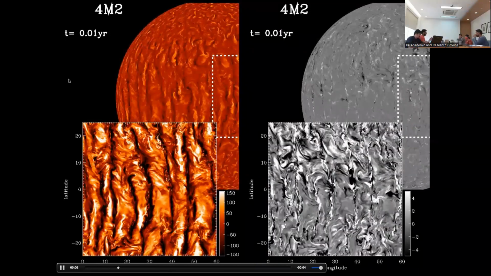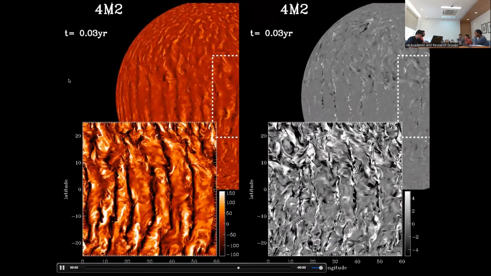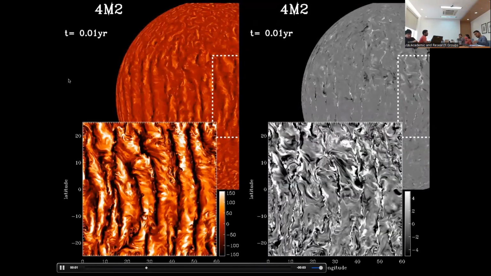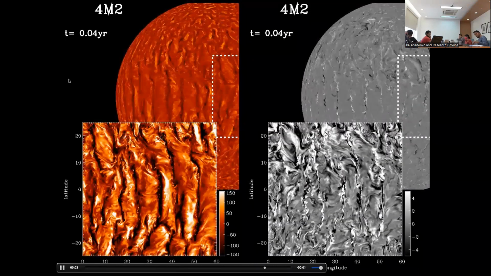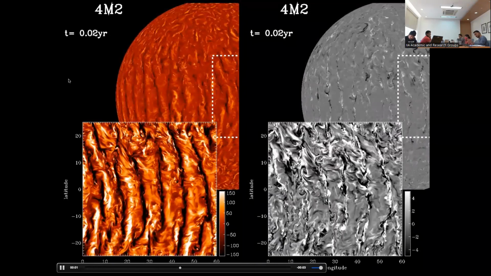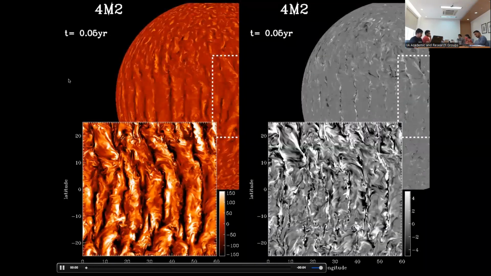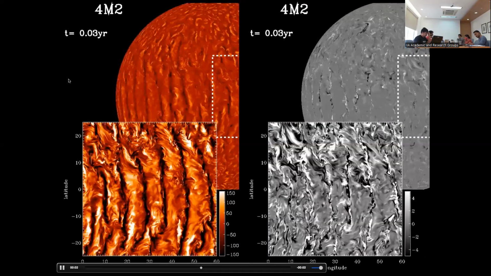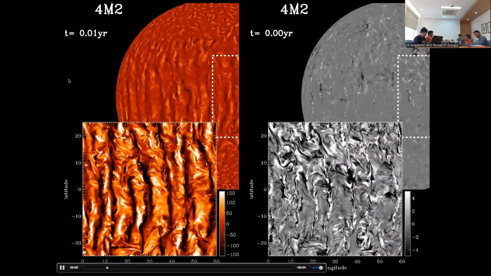What you're basically concluding is that the small scale dynamo is not affecting your large scale dynamo, as other people, for example Kota and others, found. I wouldn't say that.